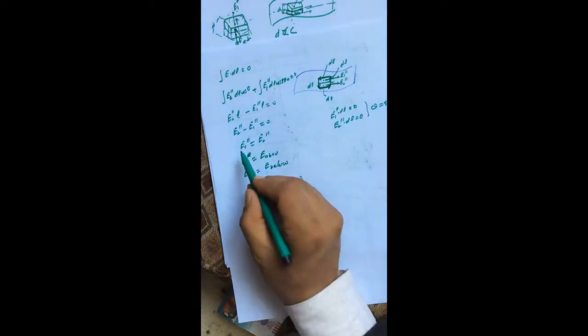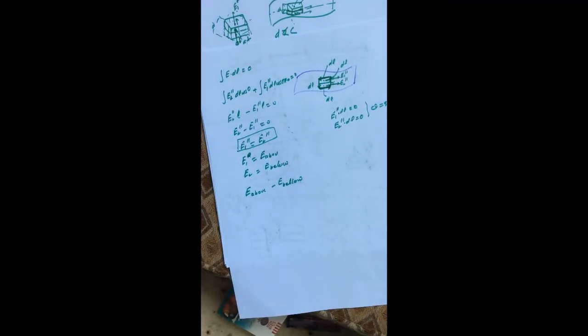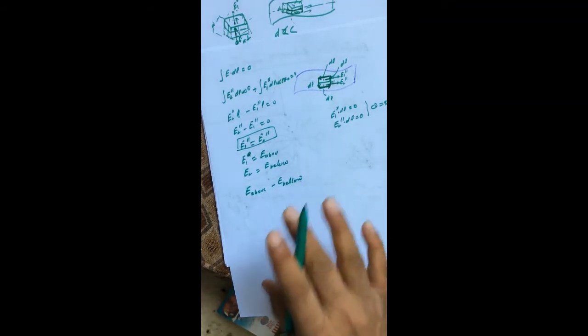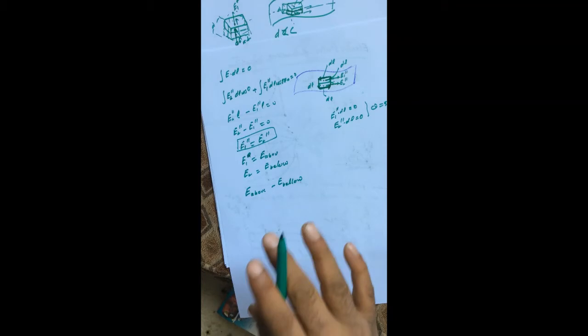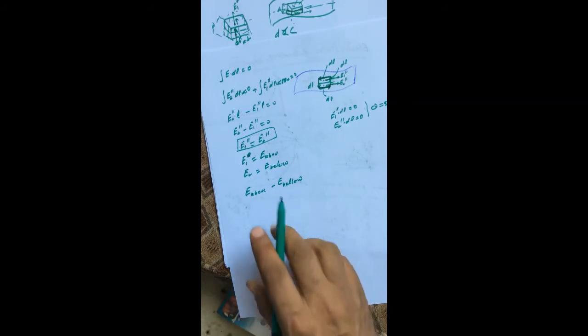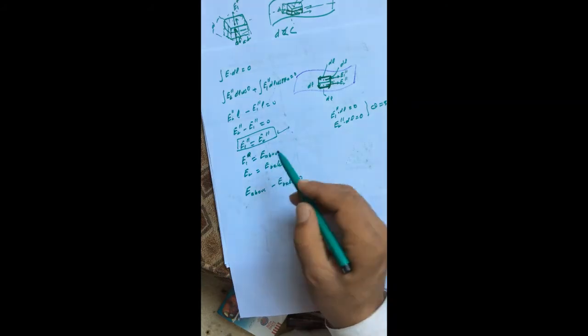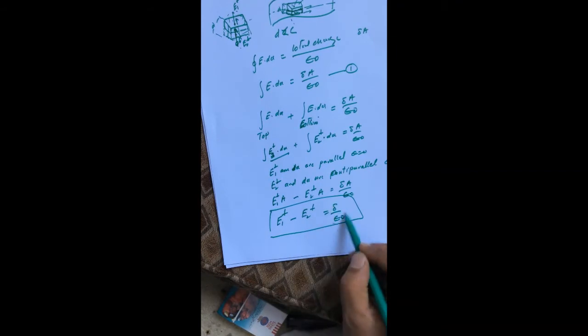Now this equation tells us that the parallel component of electric field is continuous even if we introduce the surface with charge density sigma there. The parallel component will be continuous while the normal component will be discontinuous, and the discontinuity is by a factor sigma divided by epsilon naught.